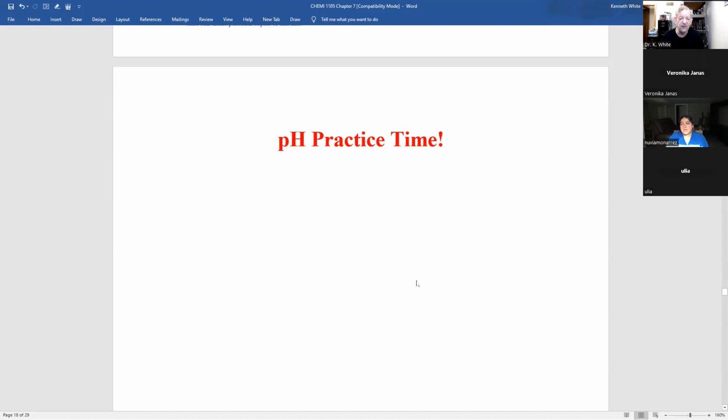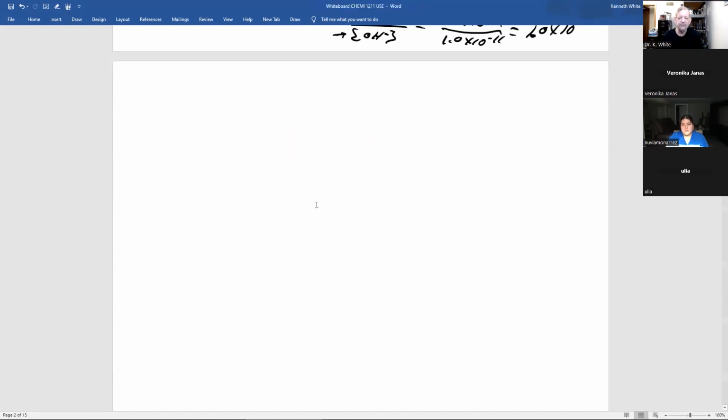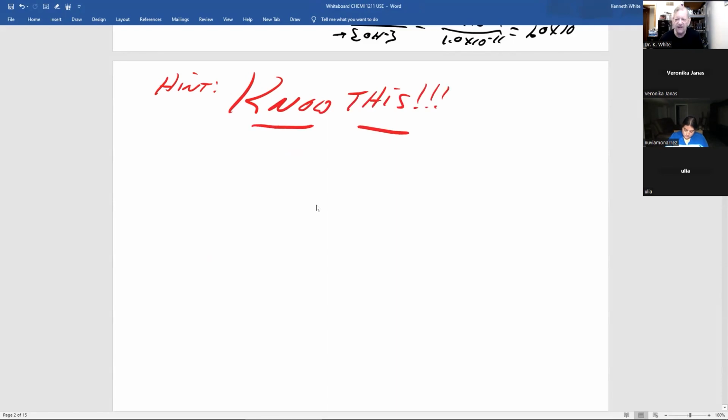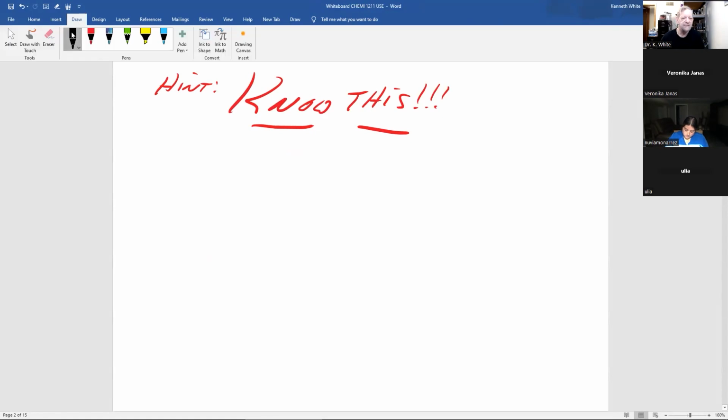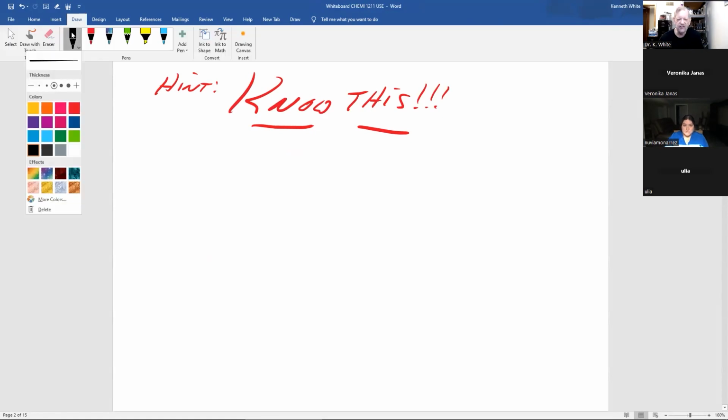So I better get to my next one. This is one I'm going to ask you to memorize because this is so important. This is something you can use the rest of your life. Here I have the pH scale.